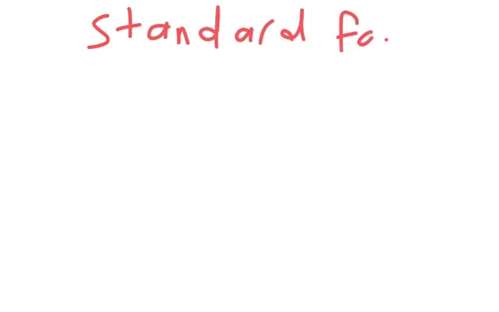Okay, so what we have today is a new form of an equation of a line. It's probably the least useful as far as graphing goes, but it's called standard form.